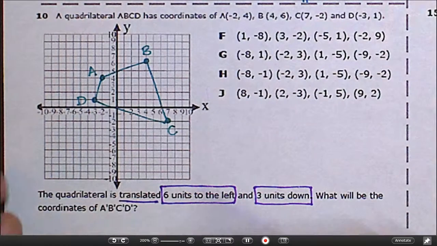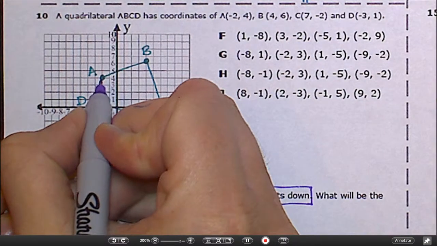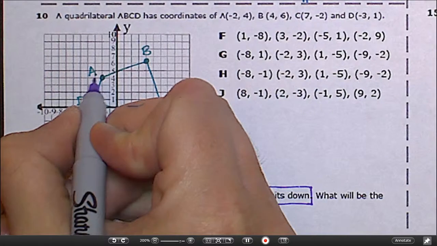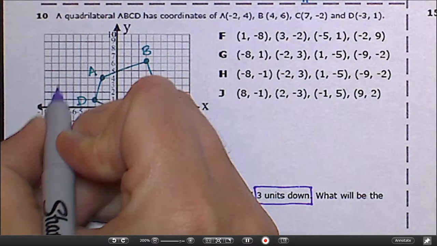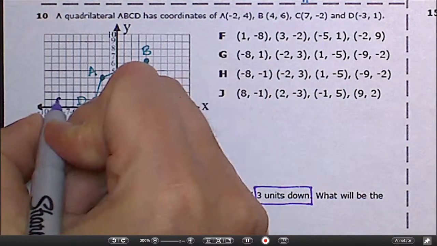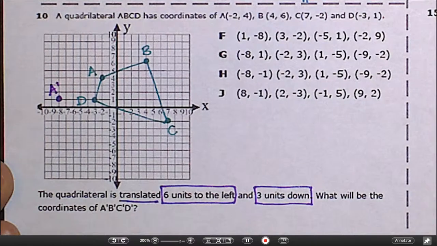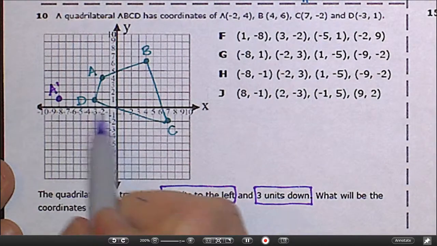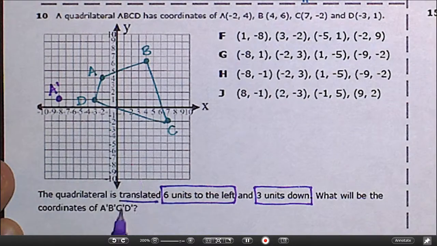So let's start with A. 6 to the left, so I'm going to start where A is. I'm moving this point. 1, 2, 3, 4, 5, 6, and then down 1, 2, 3. So this is A prime. And I'm going to look here and I see that A prime is -8, 1.